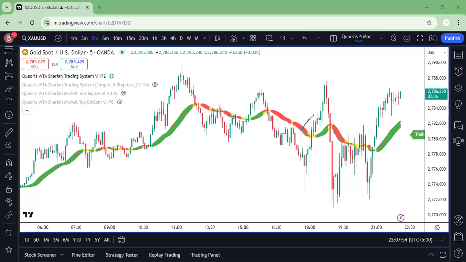Then after that, we get another low volume pullback as we are going downwards. Then there is a continuation of price going downwards. But see here, it is continuously drawing a green line. That means altogether we are getting low volume pullback after low volume pullback. In my mentoring sessions with my students, I always tell them the market has a tendency to move on low volume as well as on high volume.